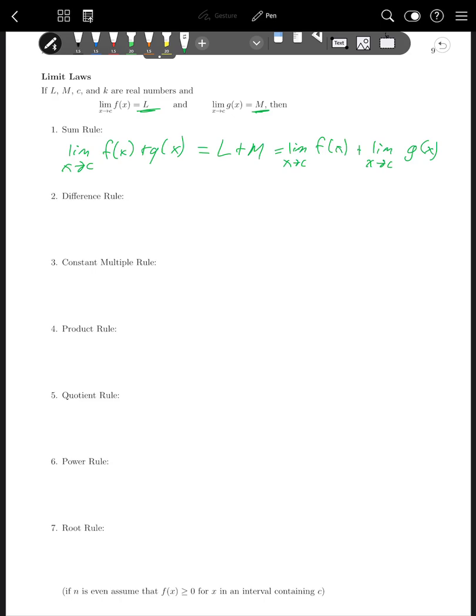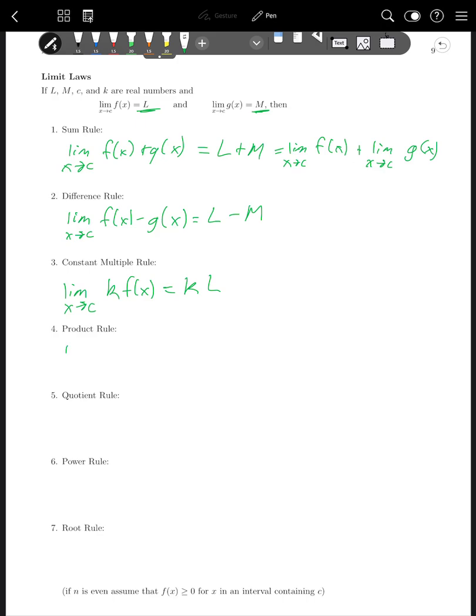The difference rule works the same way. The limit as x approaches c of f of x minus g of x is just going to be L minus M. If we have a constant times a function, such as the limit as x approaches c of k times f of x, then that's just going to be k times L. K times whatever the limit of f of x is.